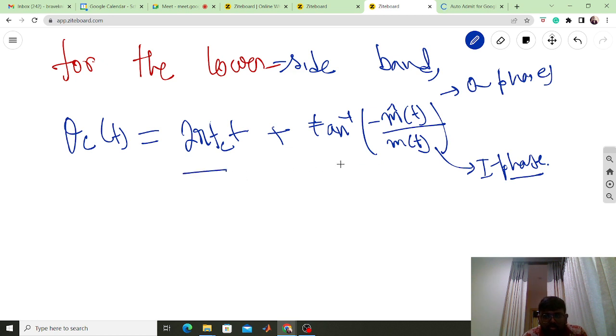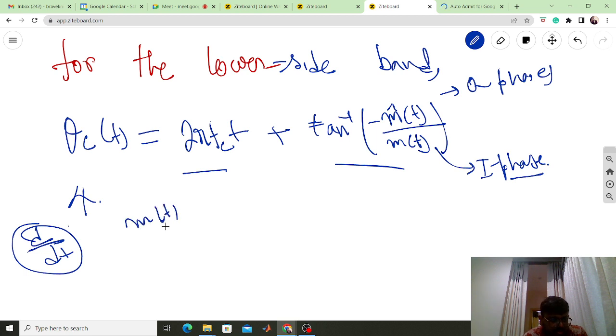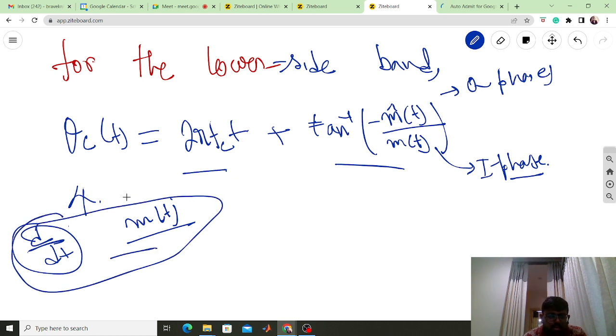So how we can get it, we just differentiate with respect to t, writing in the short form d/dt over m(t). So this is the thing that is happening.